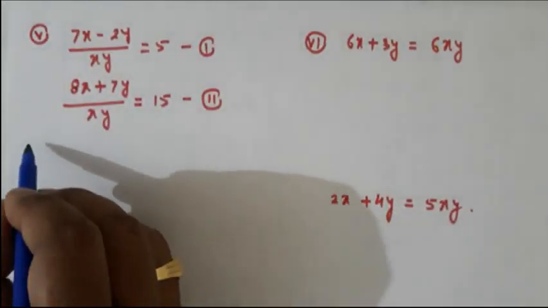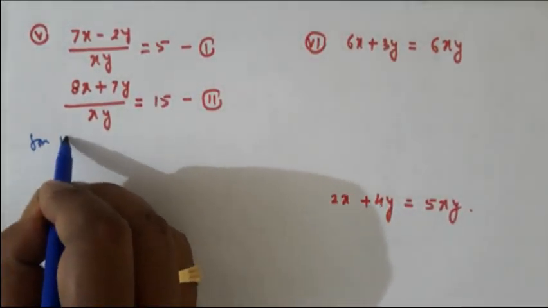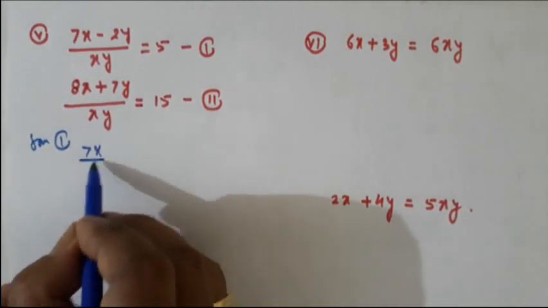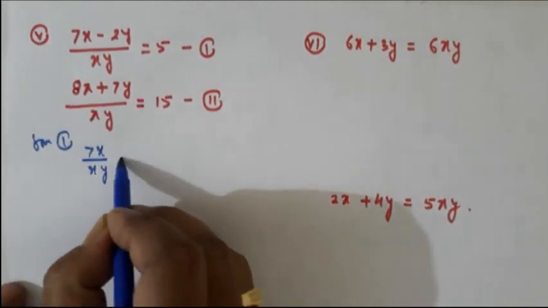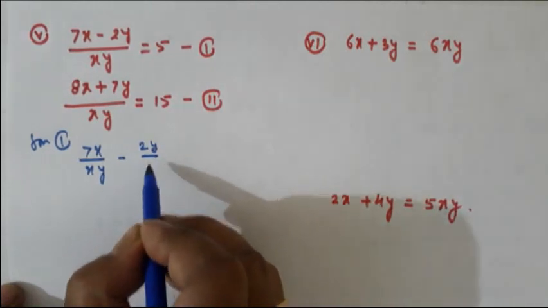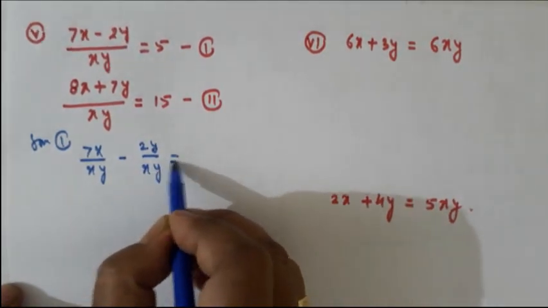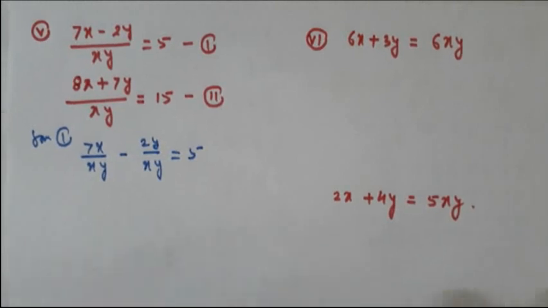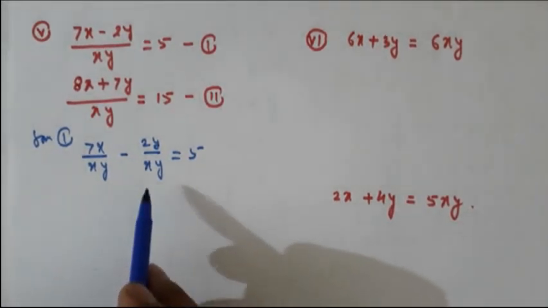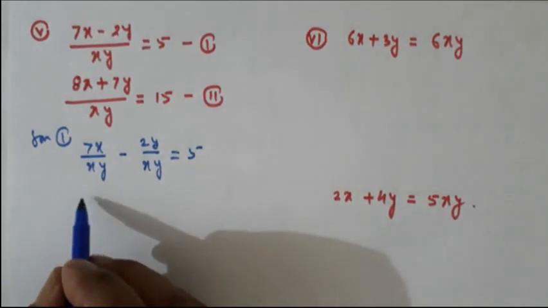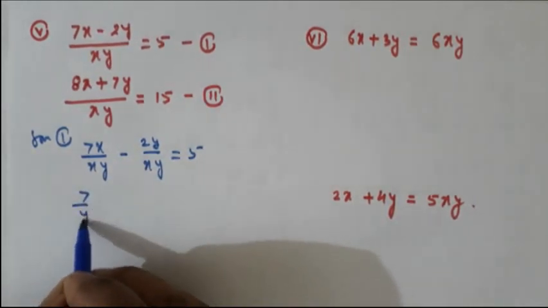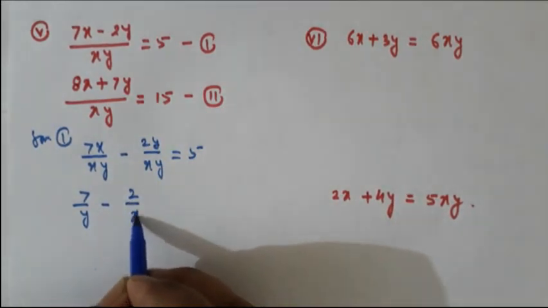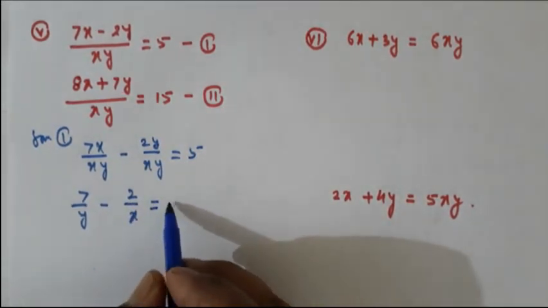Now from equation 1, that will be 7x upon xy minus 2y upon xy is equal to 5. Break into two parts. This x and x cancel, that will be 7 upon y minus, here y and y cancel, 2 upon x is equal to 5.